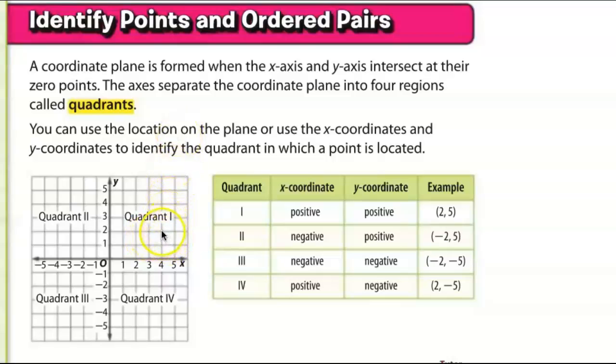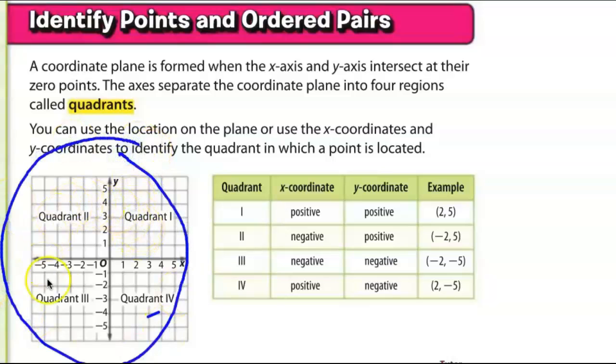It's really important that we memorize this fact that this section is quadrant 1, and that if we go to the left, that's quadrant 2, below would be quadrant 3, and then finally quadrant 4. If this were a clock, then we're going counterclockwise. 1, 2, 3, 4.